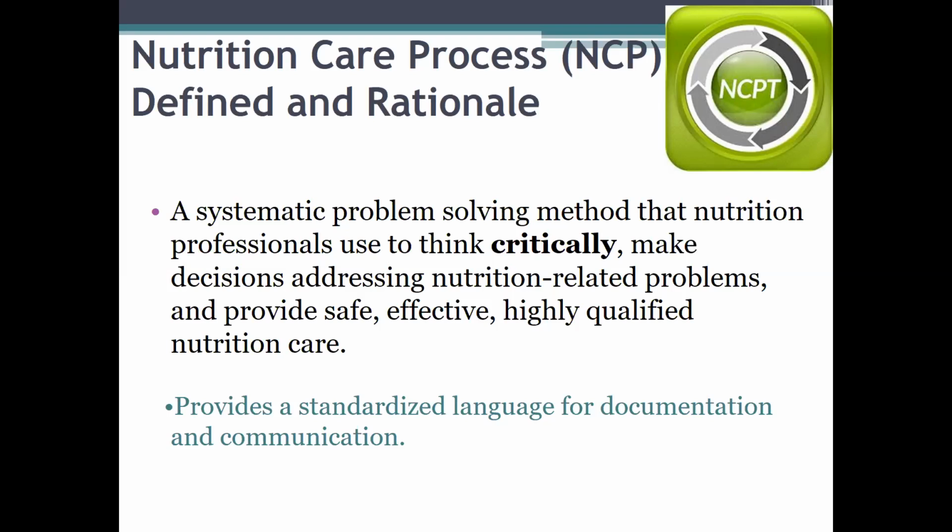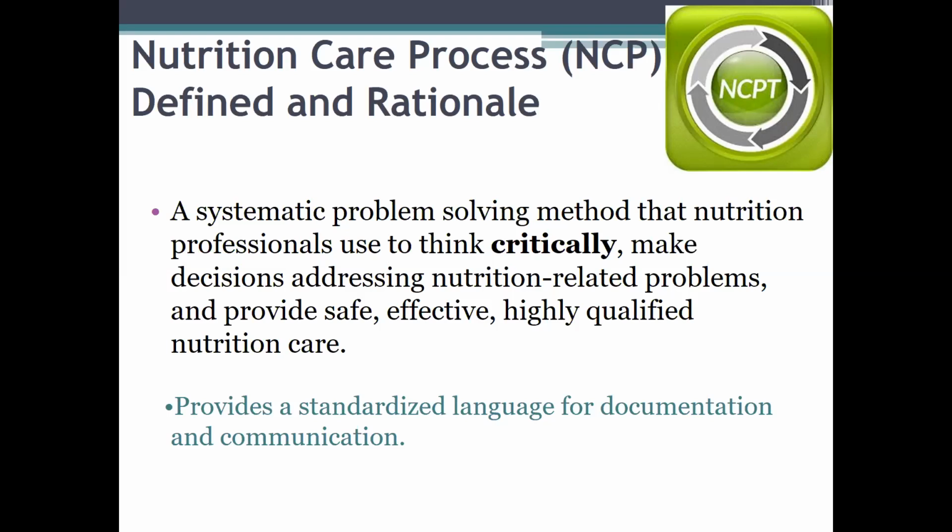We are talking about hundreds of thousands of nutrition professionals around the world trying to solve people's nutrition problems. Do we want everybody to do it their own way, or do we want a standardized process where we're using similar language, where we're going along in the same order? Obviously, that's what we're going for, right?